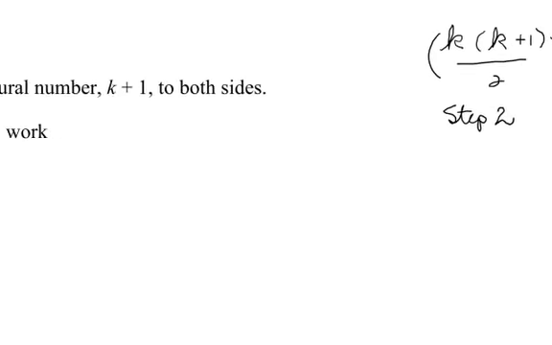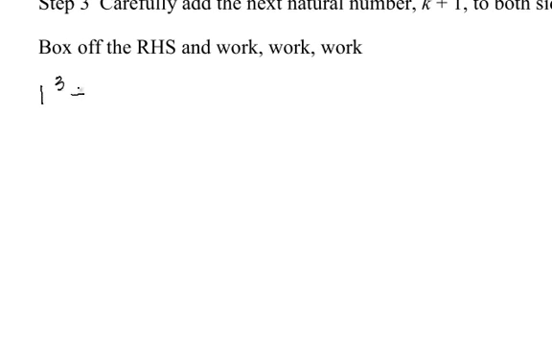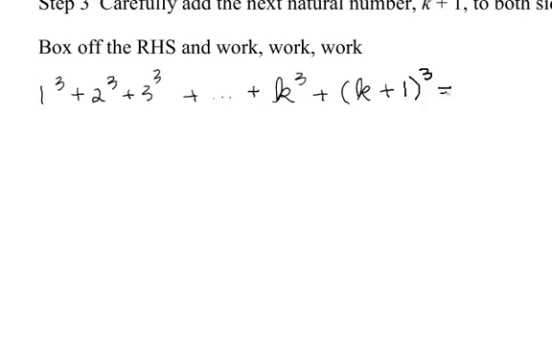Okay, so I'm going to have 1 cubed plus 2 cubed plus 3 cubed, and on up to k cubed, and then I'm going to have (k plus 1) cubed.